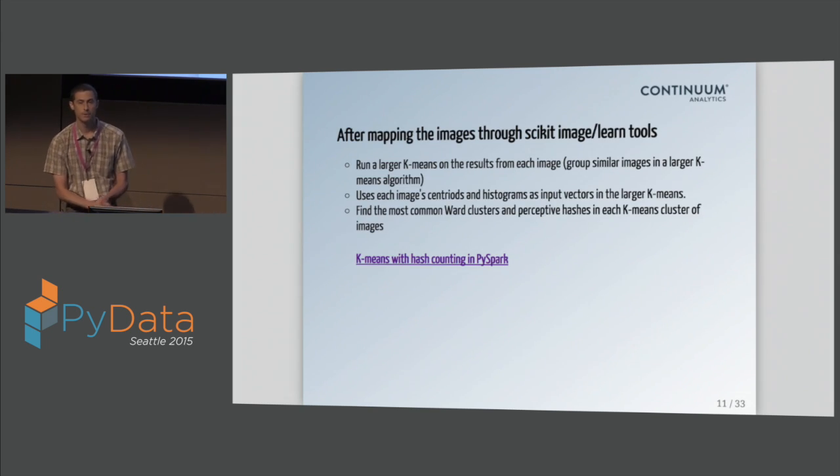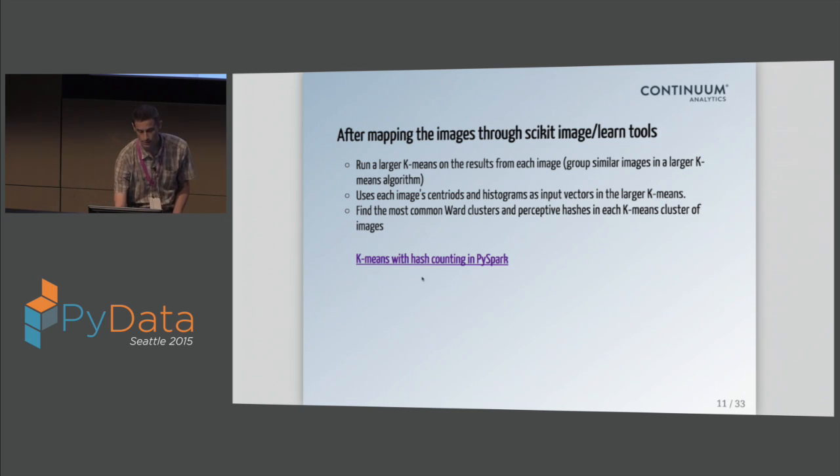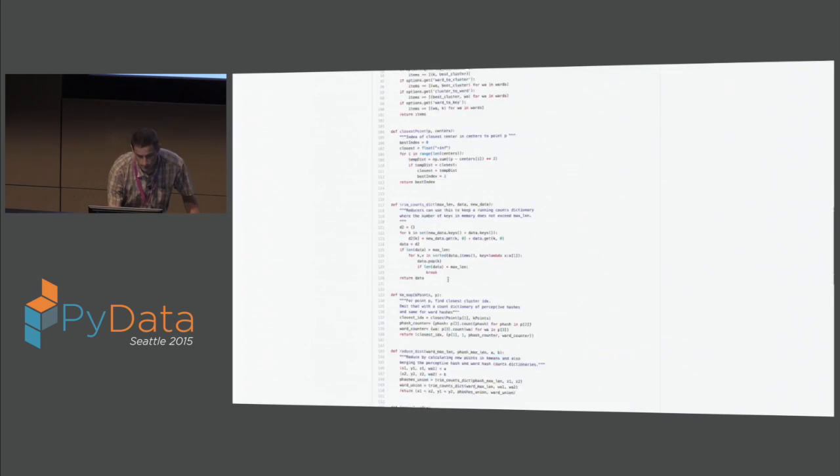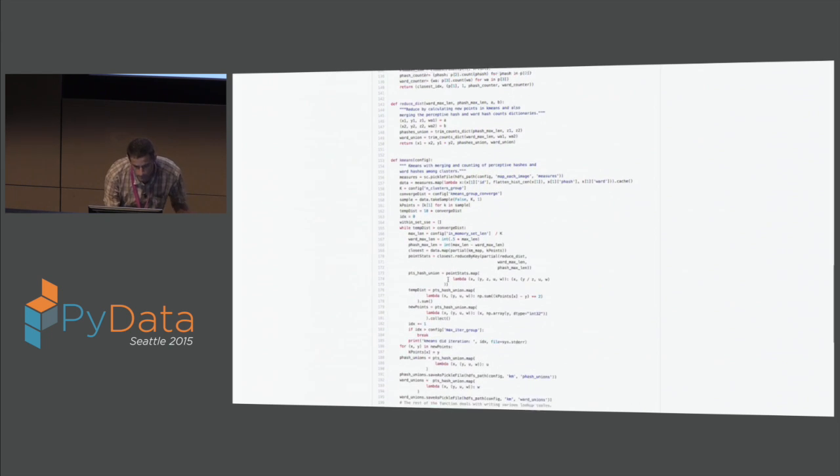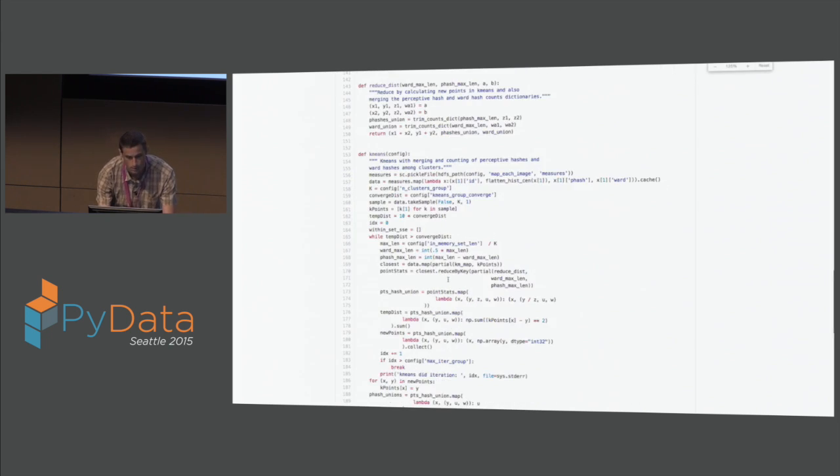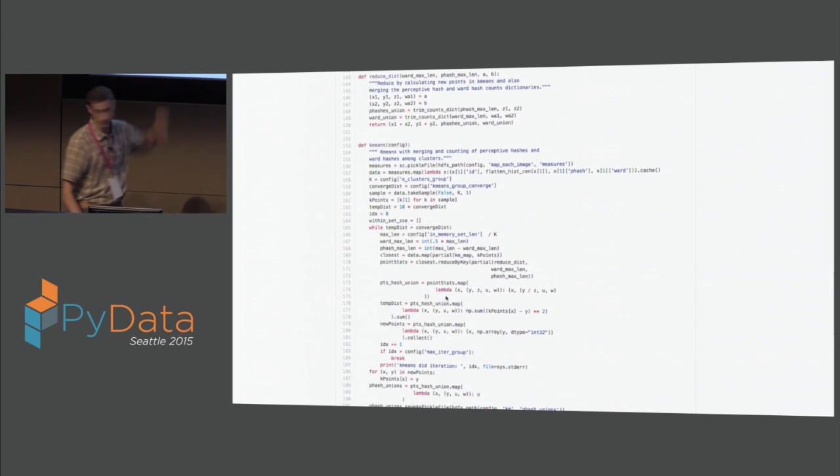So then after mapping through the images and calculating those image measurement dictionaries for all the images, we do a k-means on all the images together. And there's some code in here related to that. Basically, we have done our own k-means function right here, mapping the distance function and then reducing by the closest distance.